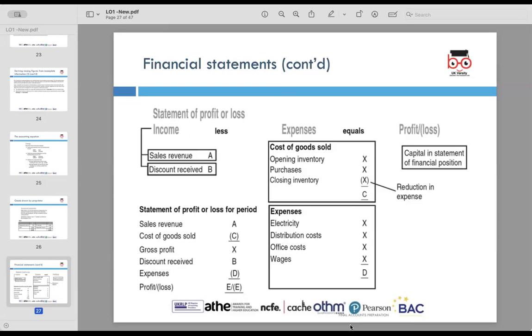Comparison: year to year comparison of profit or loss helps in evaluating the business growth and identifying trends in financial performance. Understanding these components allows businesses to monitor their financial performance effectively and make informed decisions to improve profitability and sustainability.